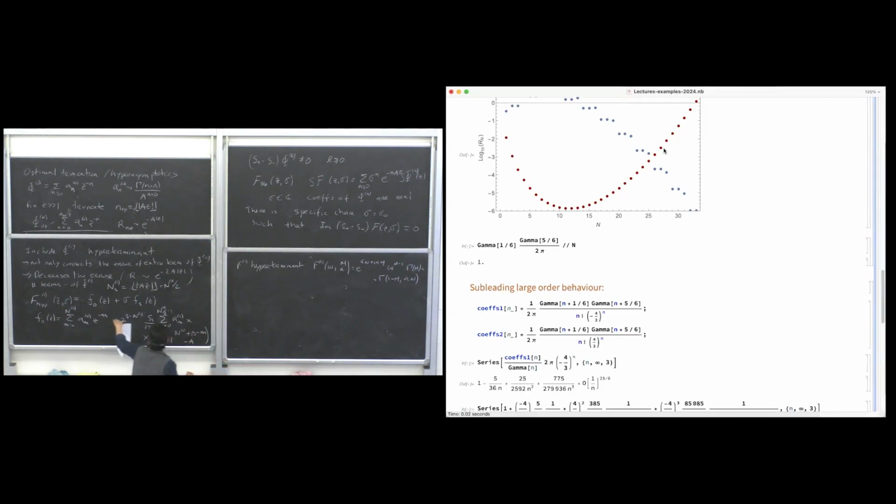And I wrote here that I have an F0 and F1. F1 is really just e to the minus az, the optimal truncation of the first exponential. Z to the beta sum m equals 0 to n0 over 2 minus 1, a m1 z to the minus m.